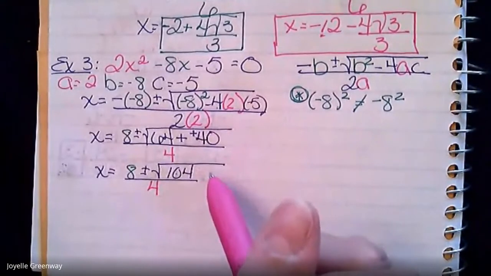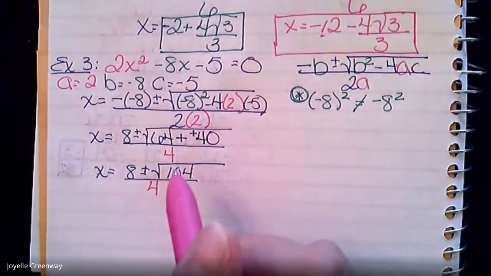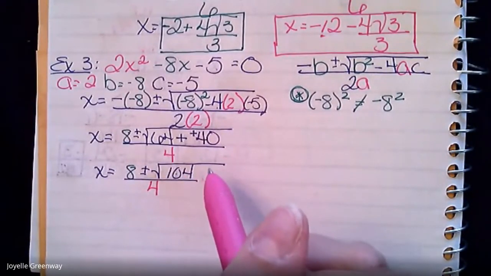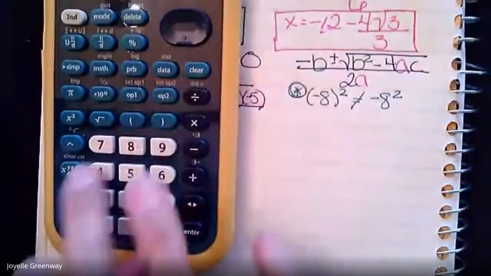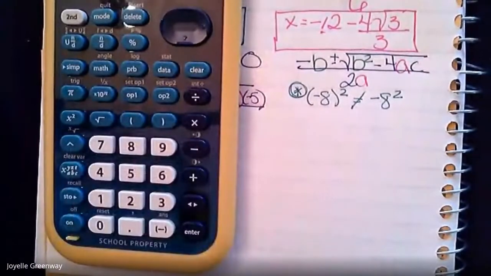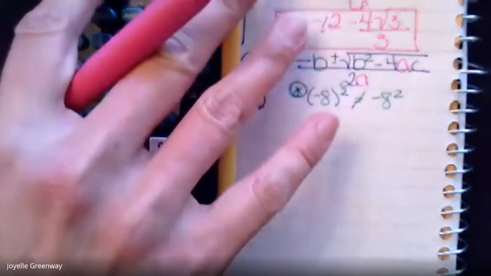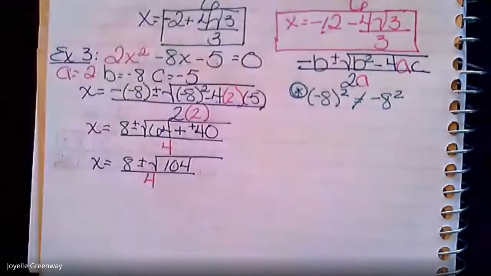So 104 I know is not a perfect square, but I know that 104 is divisible by 4, which is a perfect square. So if I divide 104 by 4, I get 26, and there are no more perfect squares in 26 because the factors of 26 are 2 and 13. 2 is not a perfect square, 13 is not a perfect square. So I have 4 times 26, right?